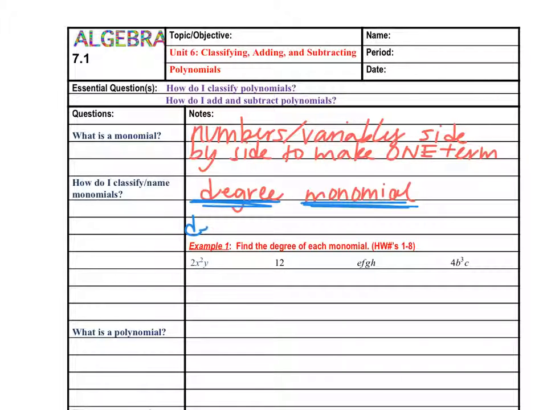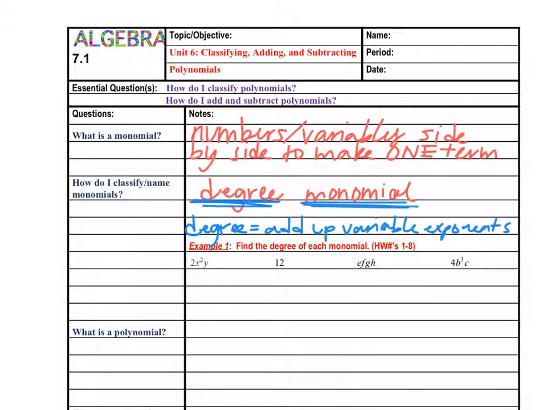To get the degree, which is what we're about to do, you have to add up the variable exponents. So the degree is your power, like your exponential power.